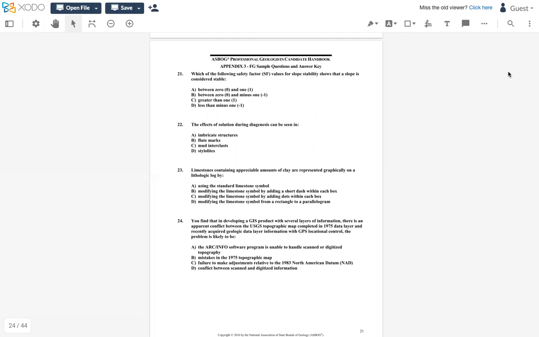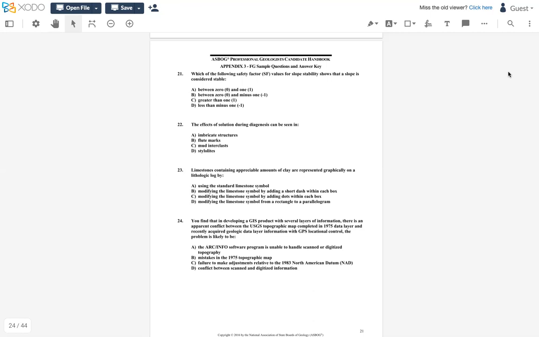In any case, let's go ahead and get started and tackle the first one for this video, which is number 21. Which of the following safety factor values for slope stability shows that a slope is considered stable? So this is a geologic engineering problem. Not a lot of undergraduates get exposed to this type of information. Not every university has that as a course. I know my undergrad university did, but it was only offered every so often, which I never got the chance to take.